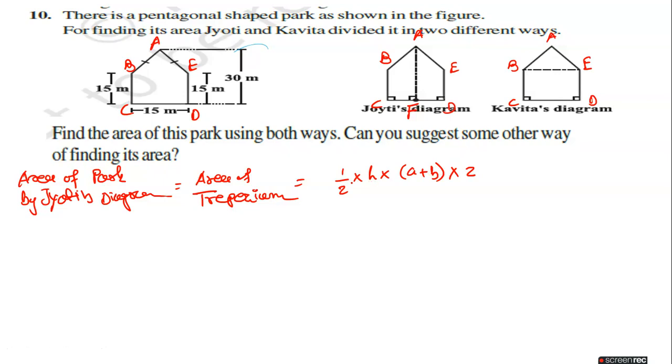Okay, then 2 and 2 is cancelled, so that h in bracket of a plus b. Height is given, it is given. That is the question actually I wanted to ask you.